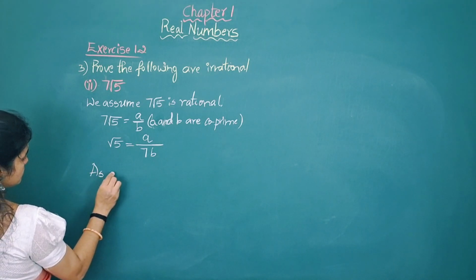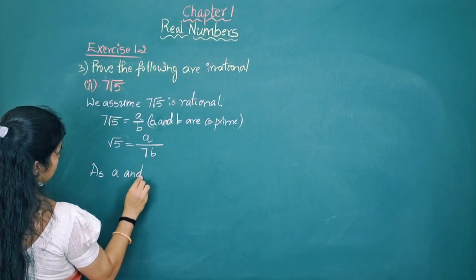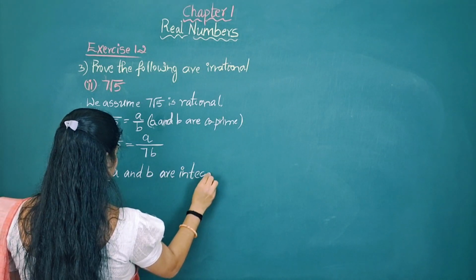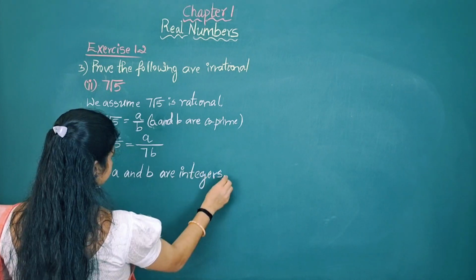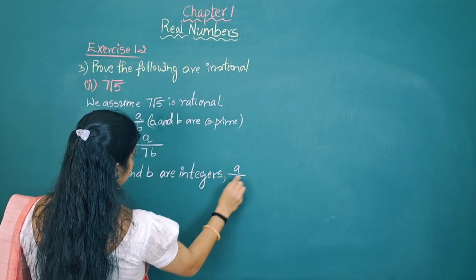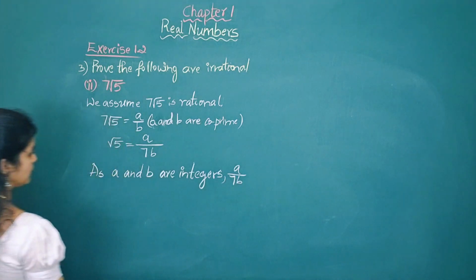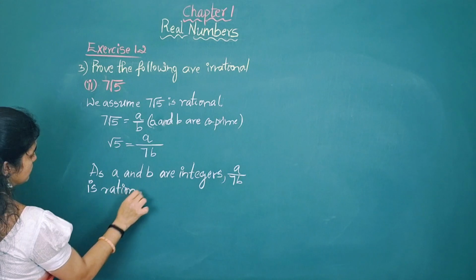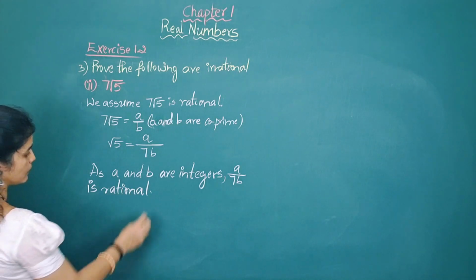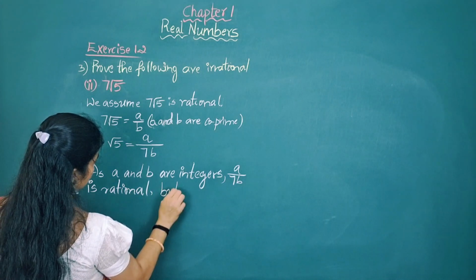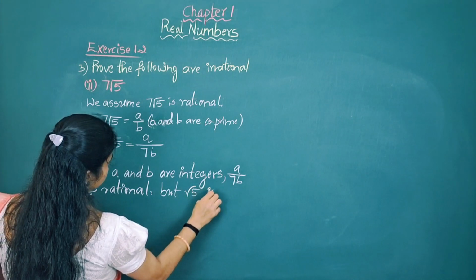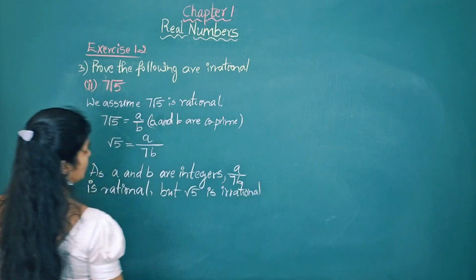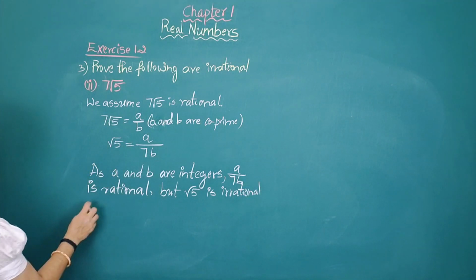As a and b are integers, a by 7 into b is rational, but root 5 is irrational.